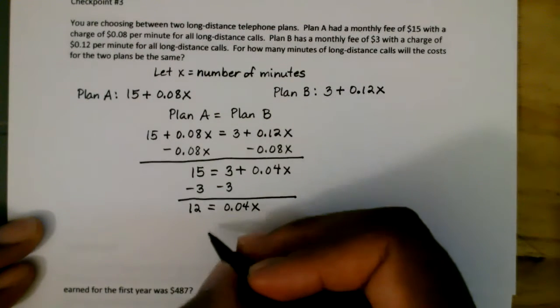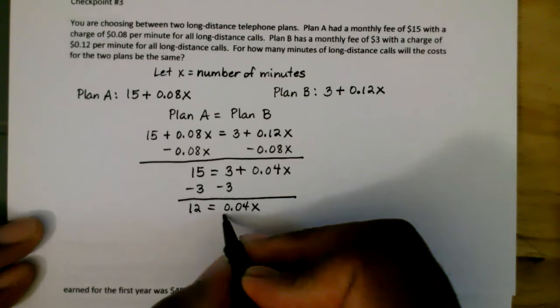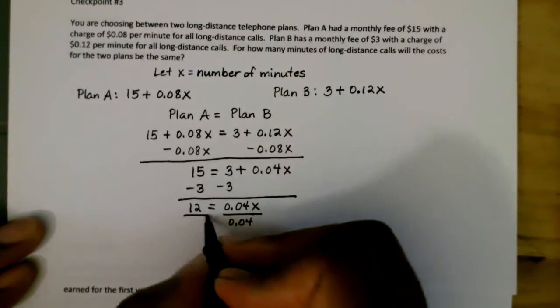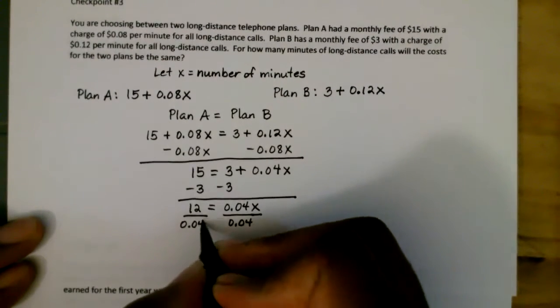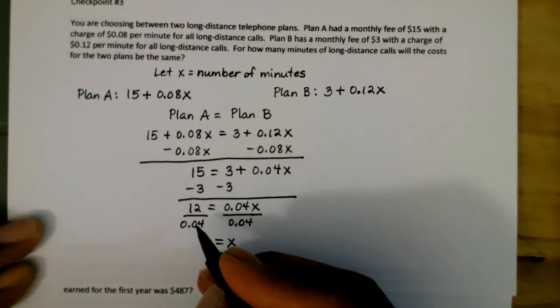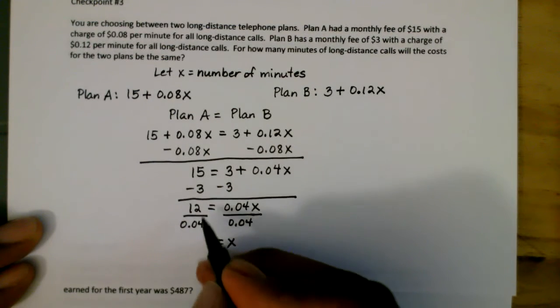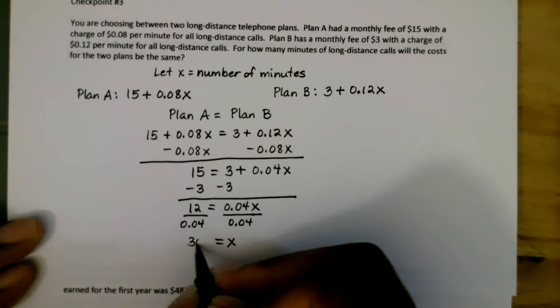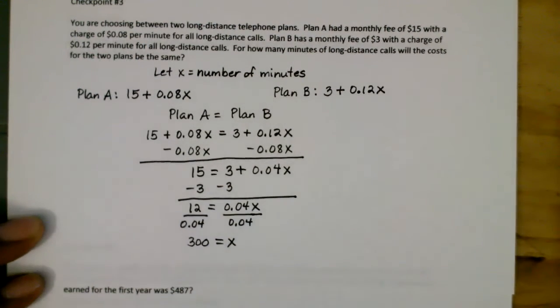And now to get x by itself, I'm multiplying by 0.04, so I need to divide both sides by 0.04. So that means x is equal to, okay, if you do this on the calculator, 12 divided by 0.04, you will end up with 300.